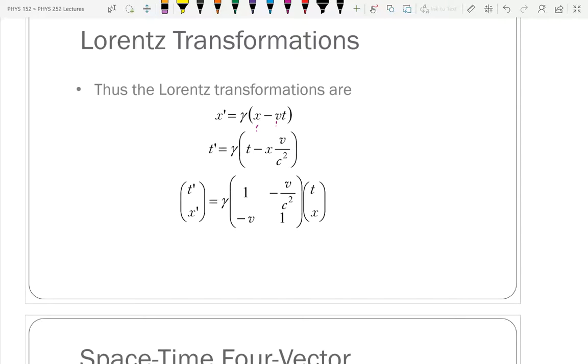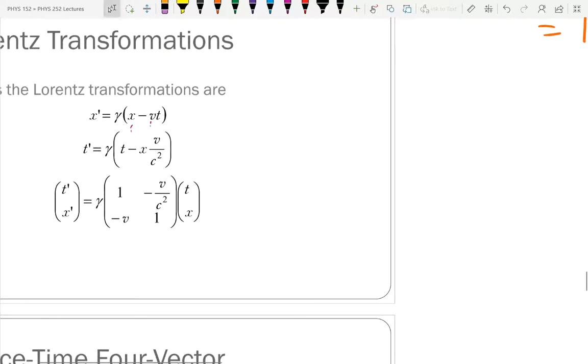This is, of course, only showing one dimension of space. The lengths in the y and z directions, the directions perpendicular to motion, are not contracted. And so we actually can make this a four-dimensional transformation.